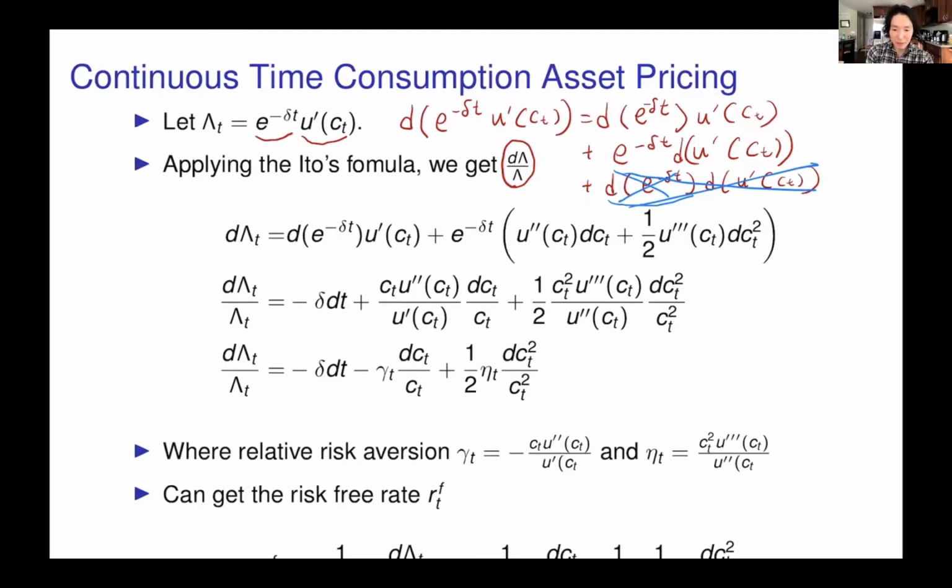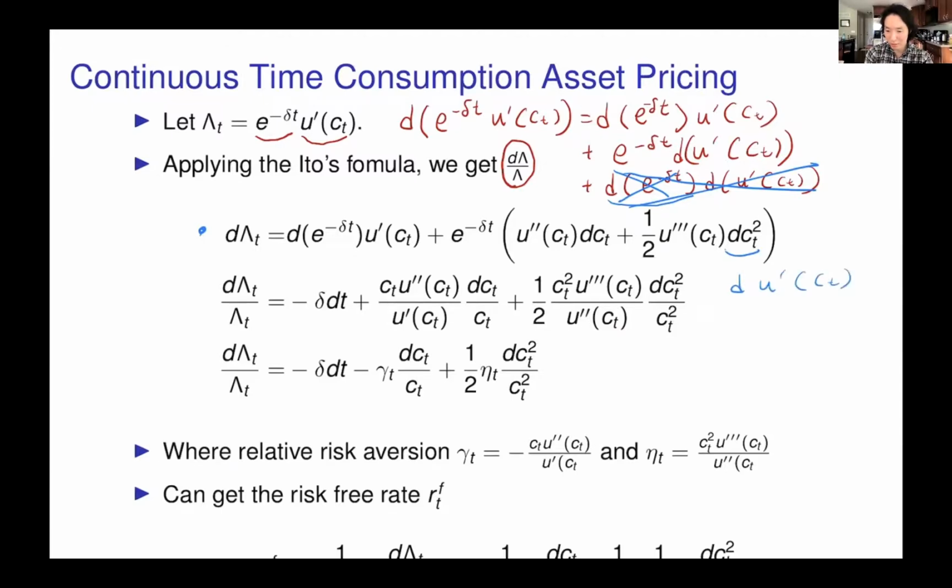So by applying Ito, you can calculate d lambda t, and it is going to be like this. If I tell you one more trick, where is this from? That is obtained from d of u prime c_t.